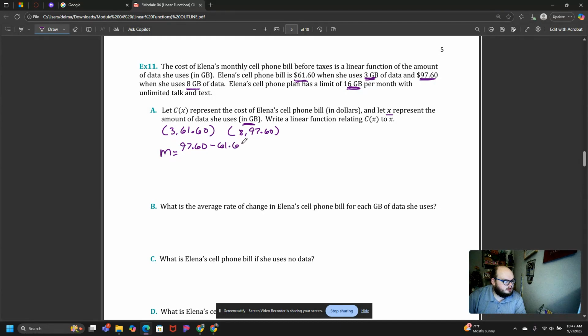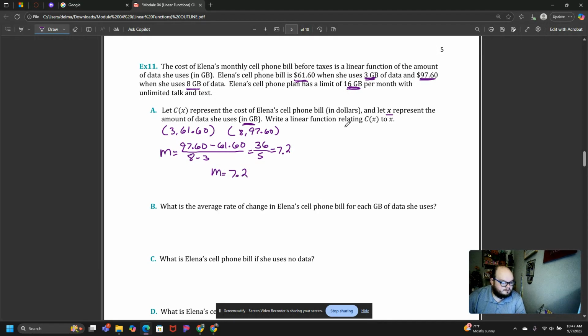And for 3 gigs, y1 is 61.60, and then we got 8 minus 3. That simplifies to 36 out of 5, which is approximately 7.2. So our m is approximately 7.2.